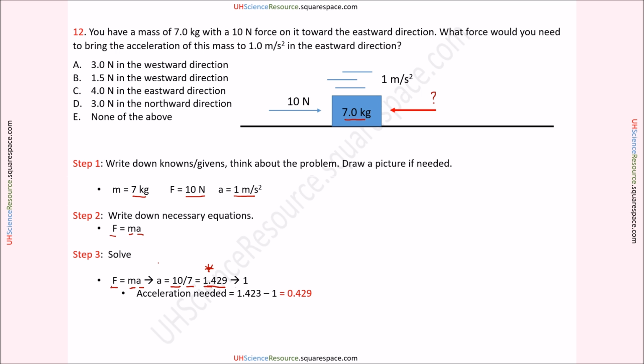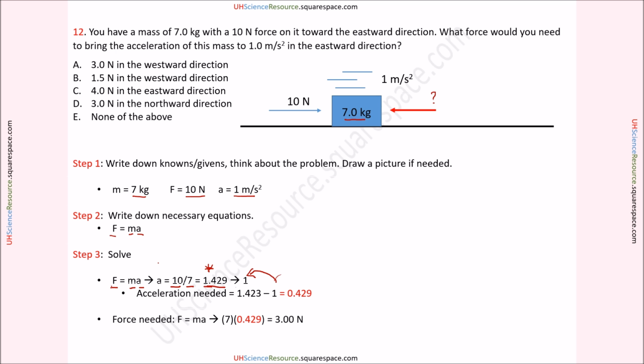So if we take the acceleration of 1.429, which it's currently experiencing, and subtract the acceleration that we need, we get an acceleration of 0.429. And that's the acceleration for which we need to apply a force to bring the acceleration down to 1 meter per second squared.